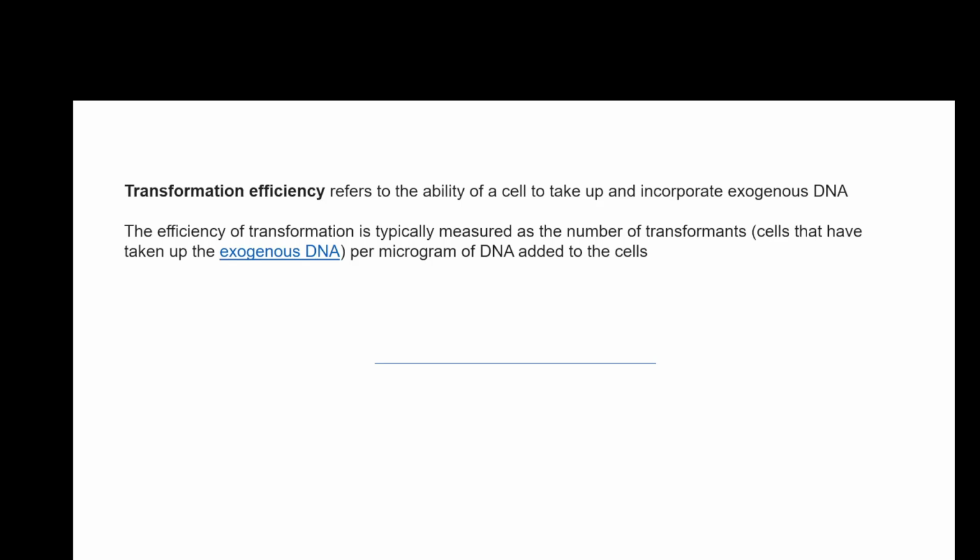Transformation is nothing but allowing a cell to take up foreign DNA. Suppose you want to work on a gene, you can put the gene into a vector, and now you want to introduce that gene along with the vector inside a bacteria.